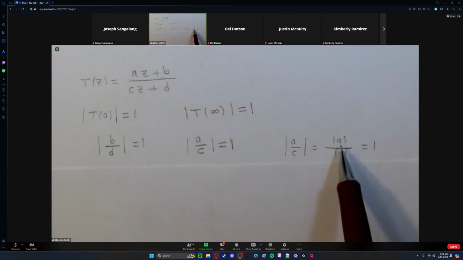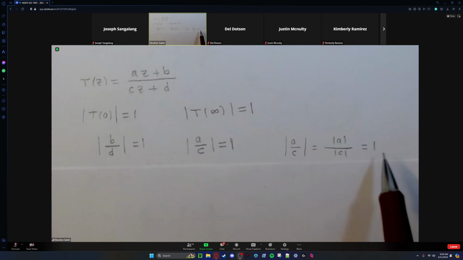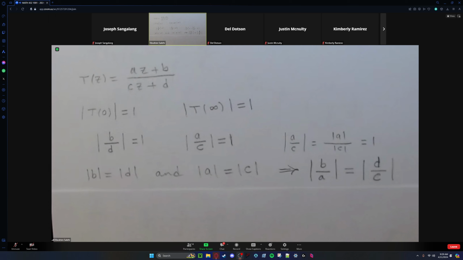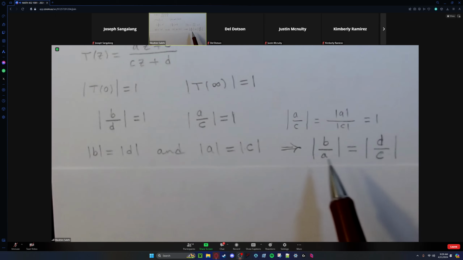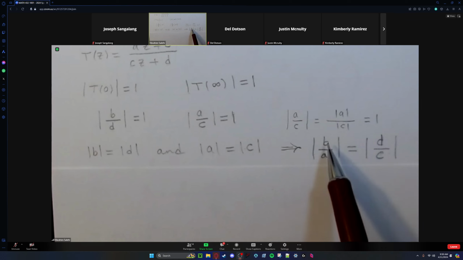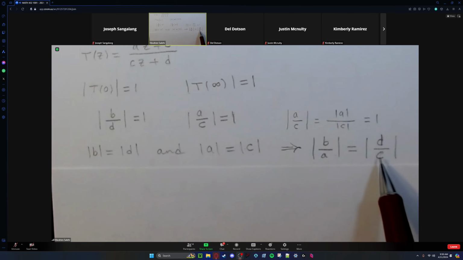So the modulus of A is the same as the modulus of C. The same thing here, the modulus of B is the same as the modulus of D, okay? And if you divide these two, this is what you get. B over A and D over C have the same modulus.